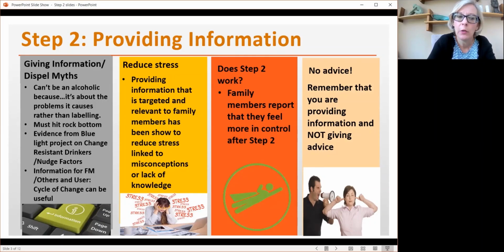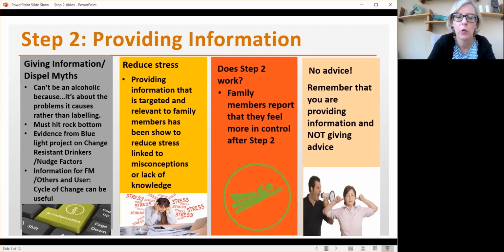It's well known that providing information that is targeted and relevant can reduce stress, and the stress linked to misconceptions and also the stress of not knowing. The old adage of knowledge is power really applies here.